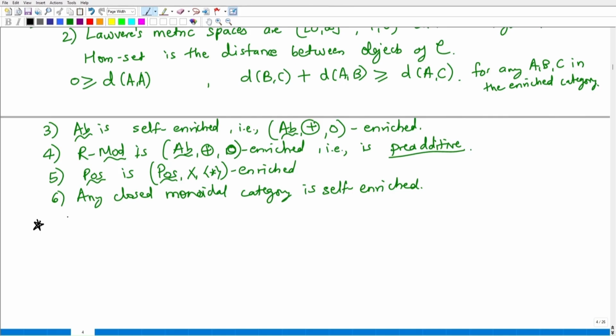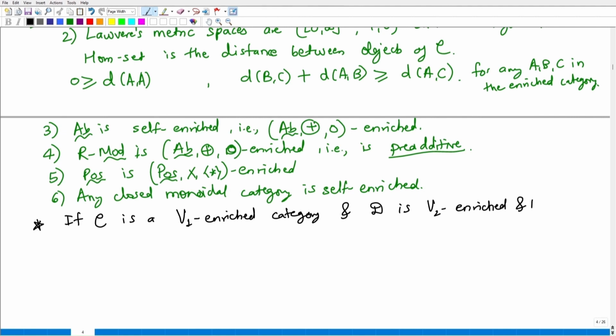So if C is a V1-enriched category, and D is V2-enriched, and F from V1 to V2 is a monoidal functor. I can also write strict, but it's not necessary.